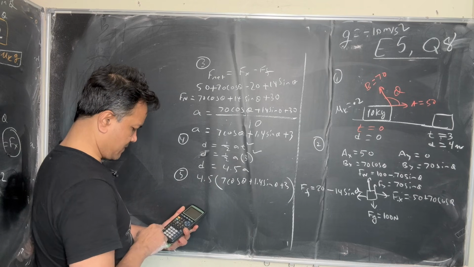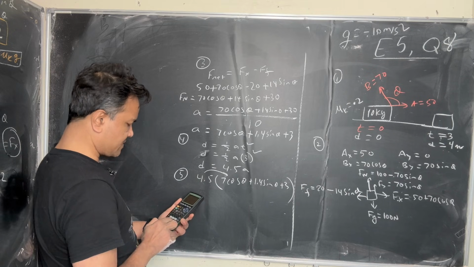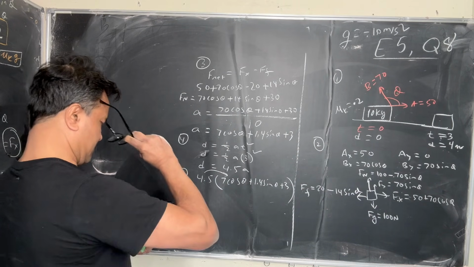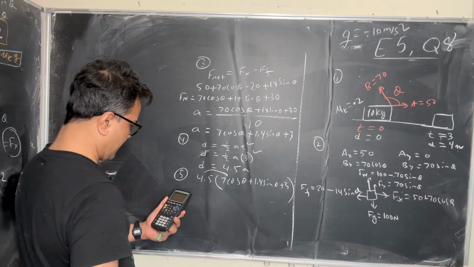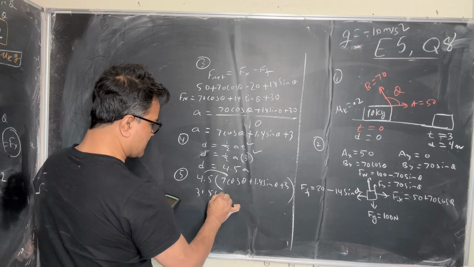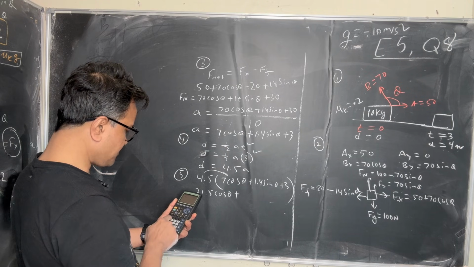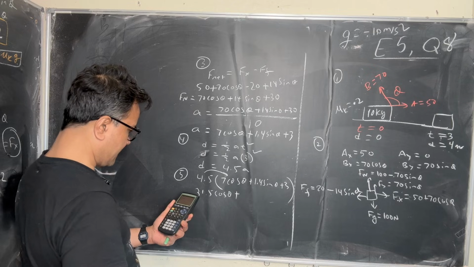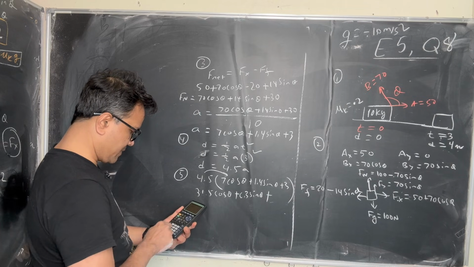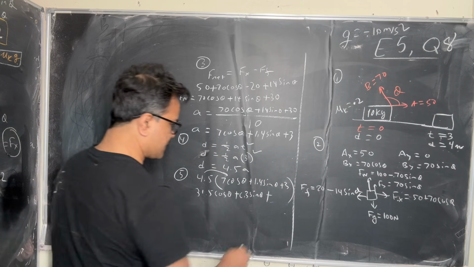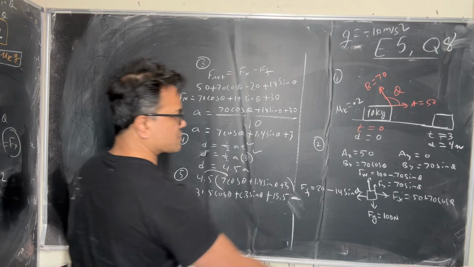We're going to distribute this. 7 times 4.5, 31.5 cosine theta, plus 1.4 times 4.5, 6.3 sine theta, plus 4.5 times 3, 13.5, is equal to, of course, 4.